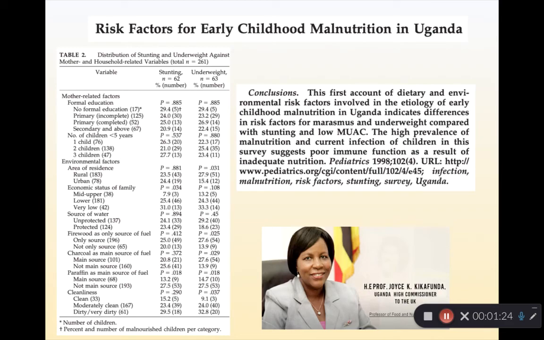Not only was her work able to assess the different risk factors for malnutrition, she was also able to link how malnutrition influences the immune system and how a low immune system can lead to more malnutrition. And you get this vicious cycle of immunocompromised individuals becoming more and more malnourished in Uganda.